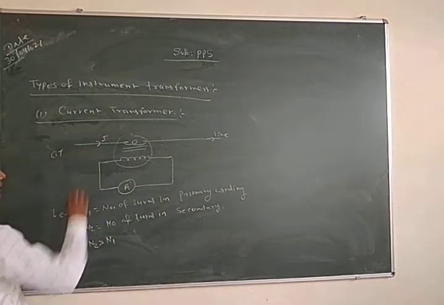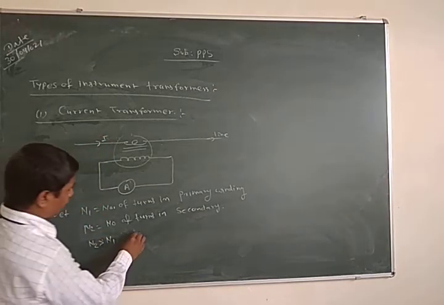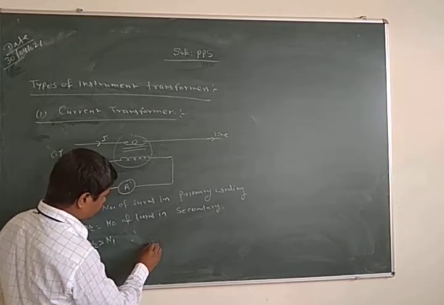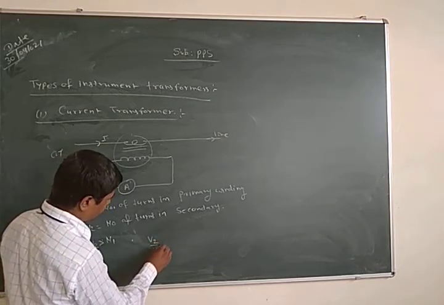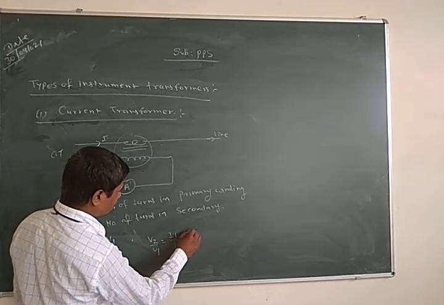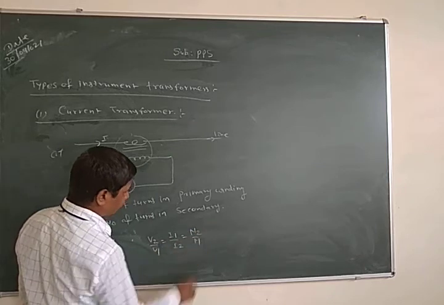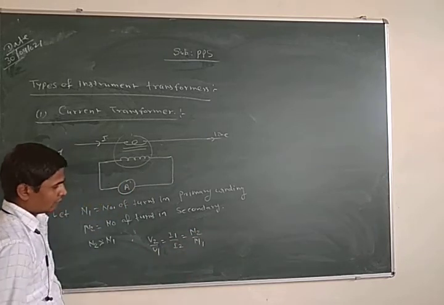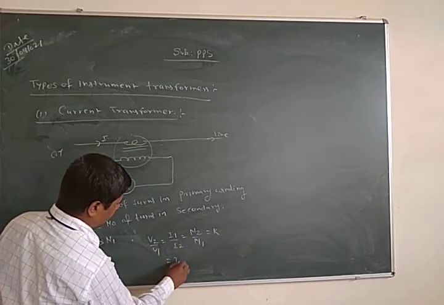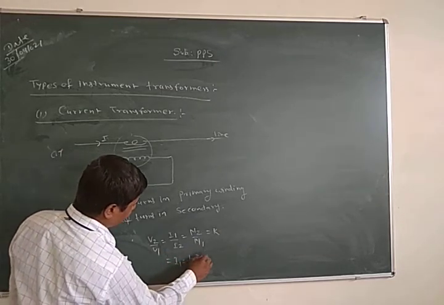If line current is I, then from transformer ratio we know that V2 upon V1 is equal to I1 upon I2 is equal to N2 upon N1. What we can say, I1 is equal to K times of I2.